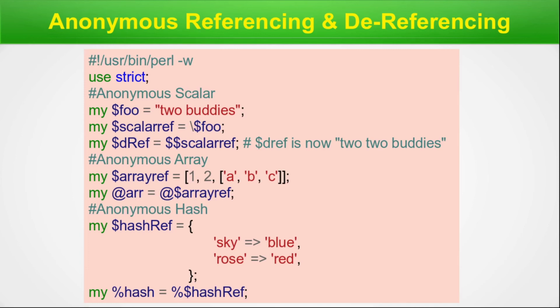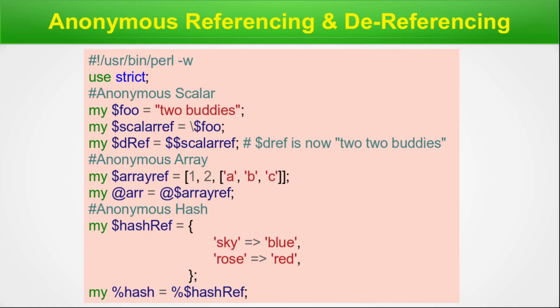So if I sum up, whatever the reference type is, if we want to dereference it, we just add another similar type of symbol: $ for scalar, @ symbol for array, and % symbol for hash. Okay, so this is how we dereference an anonymous reference.